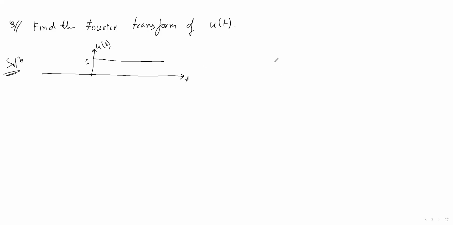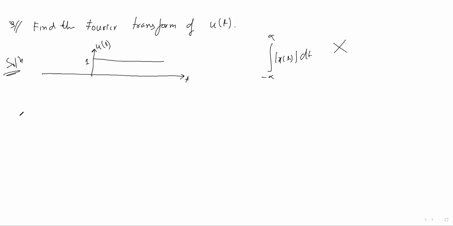If we check the first condition, the integral from minus infinity to infinity of mod of x(t) dt, the amplitude is 1, but if you integrate up to infinity it will give infinity only. So the first condition is not satisfied, and you have to solve it a different way.